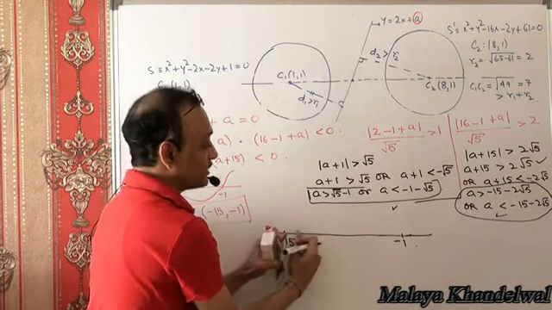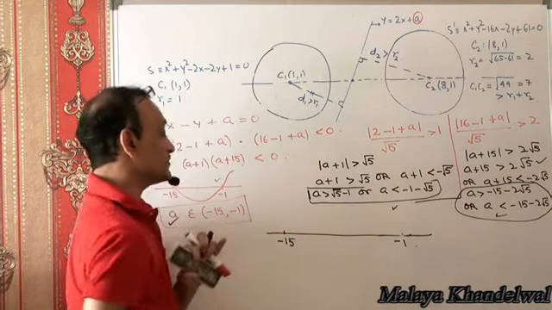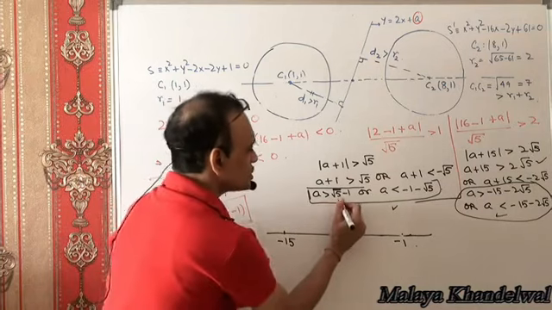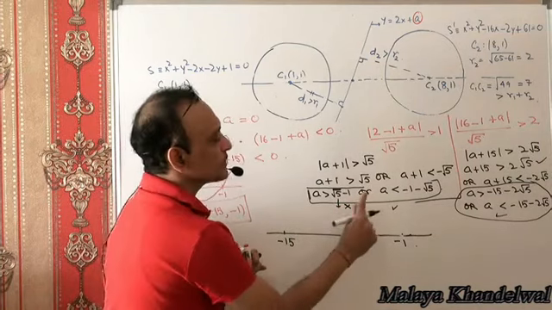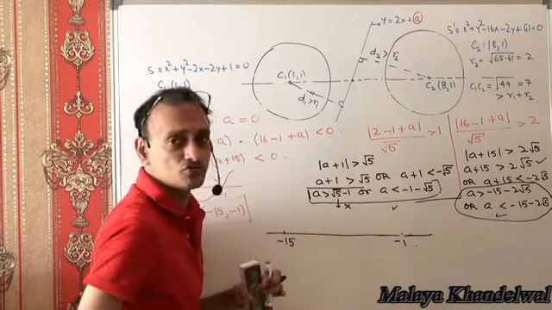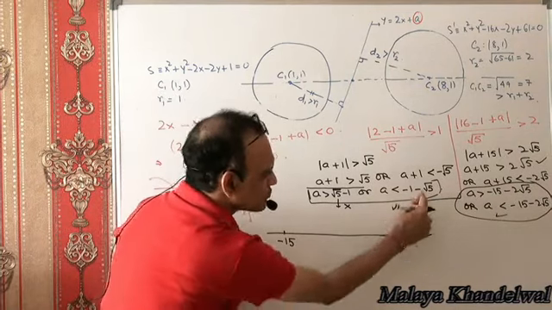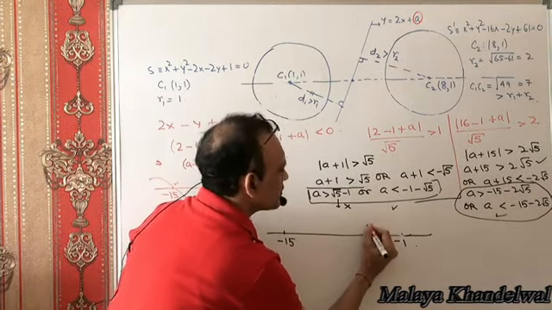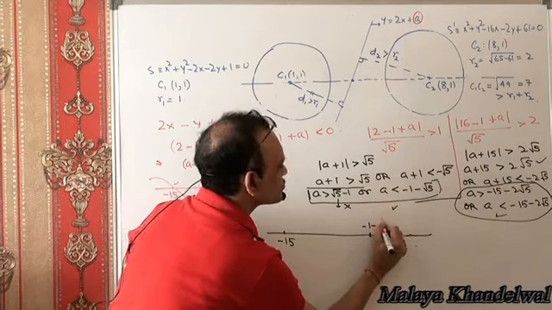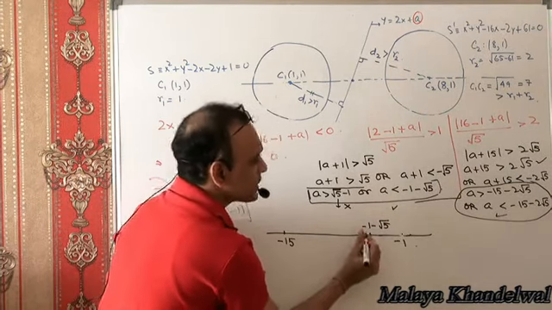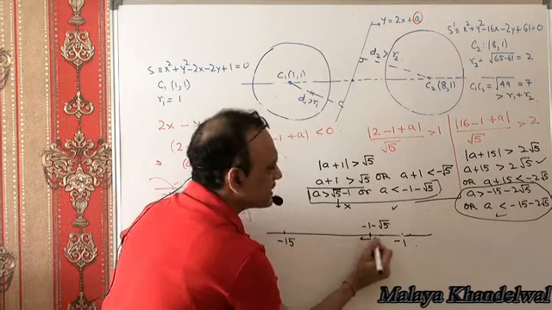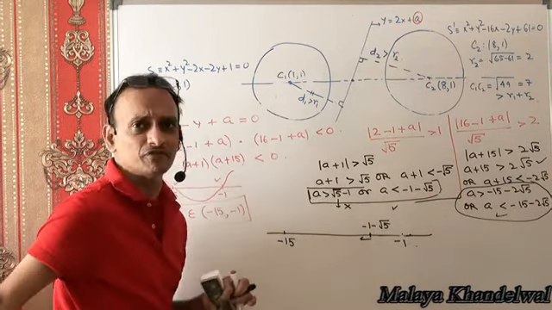But we'll have to deal with values of a that strictly lie in this interval, minus 15 to minus 1. So this condition is ruled out. And a less than minus 1 minus root 5: minus 1 minus root 5 is a number here. That means a has to be to the left of this, minus 1 minus root 5.